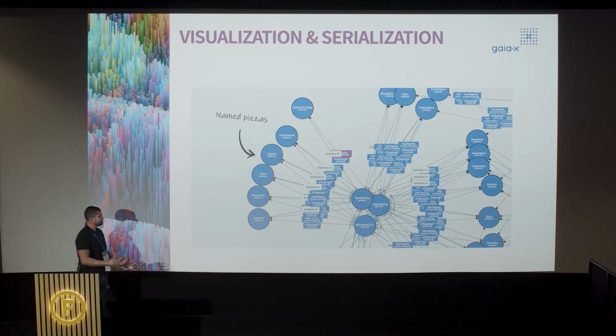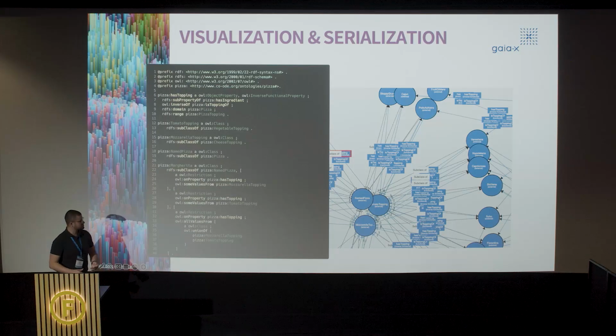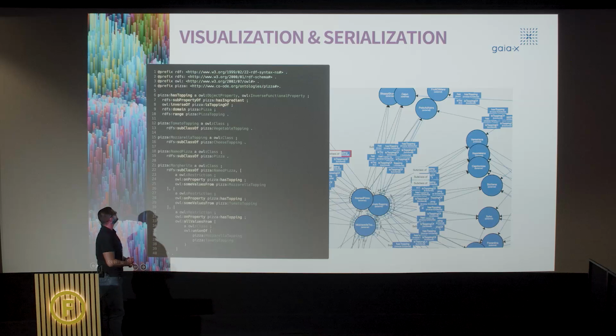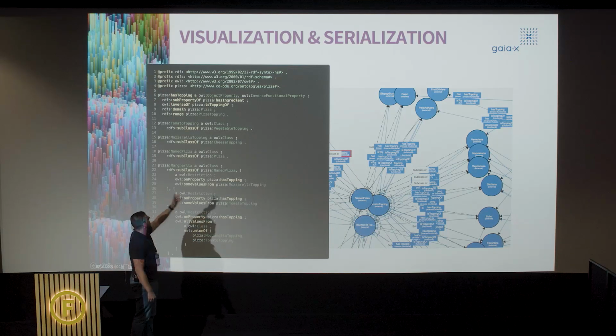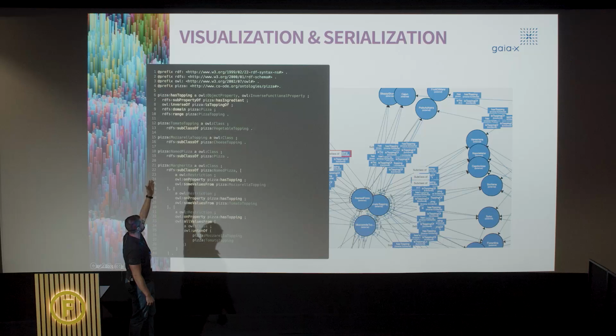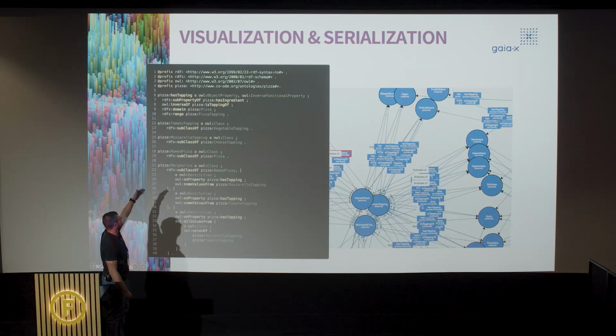So for example, if we take our named pizzas, I'm going to describe it with Turtle. That's RDF. When you start describing it, you can see that, for example, I describe the hasTopping object property, with the inverse, etc. You're going to have the tomato topping, mozzarella.